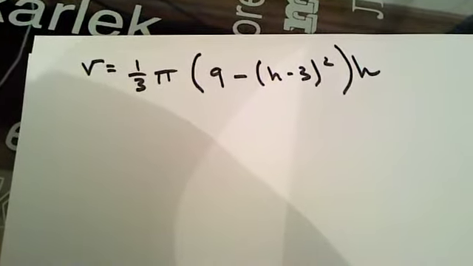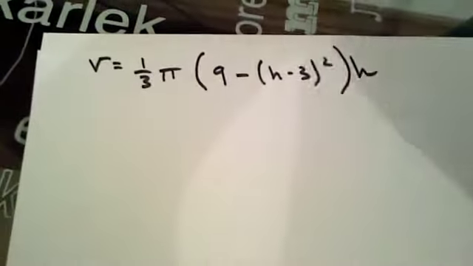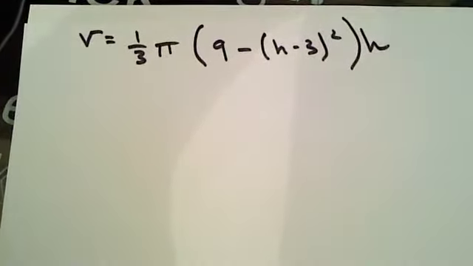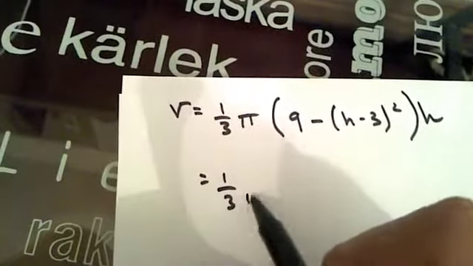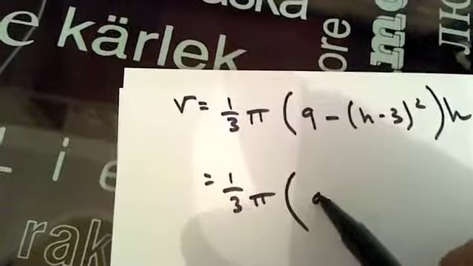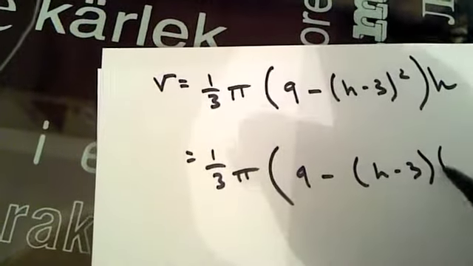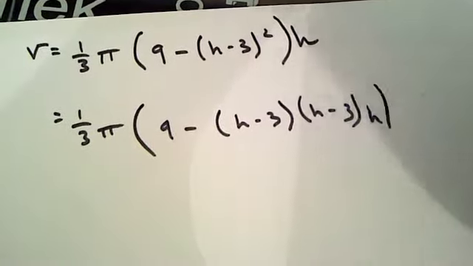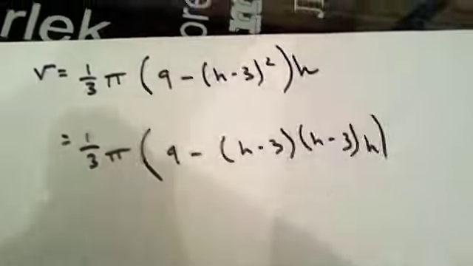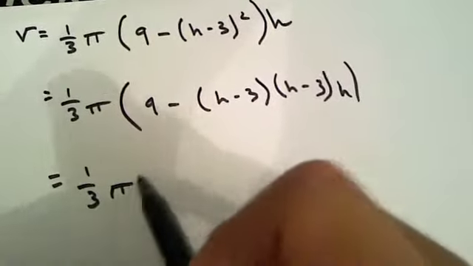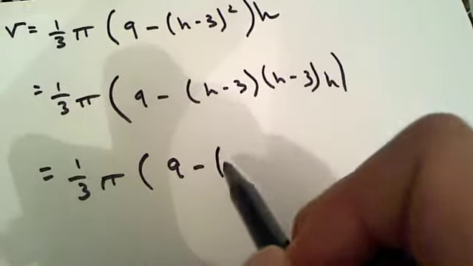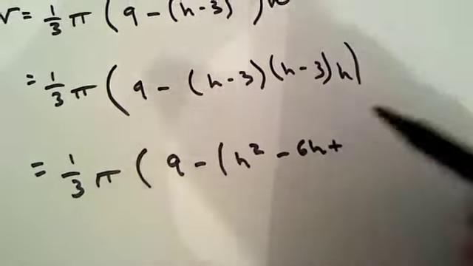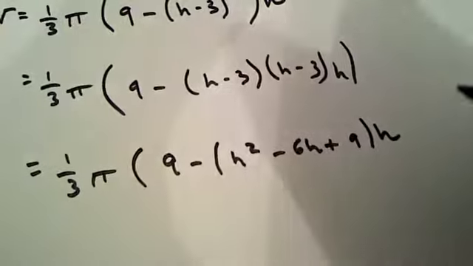So now you have your equation here. What you can do is expand that using the FOIL method. So you would have 9 minus (h minus 3) times (h minus 3), times h. You multiply that, you get 9 minus (h squared minus 6h plus 9), times h.